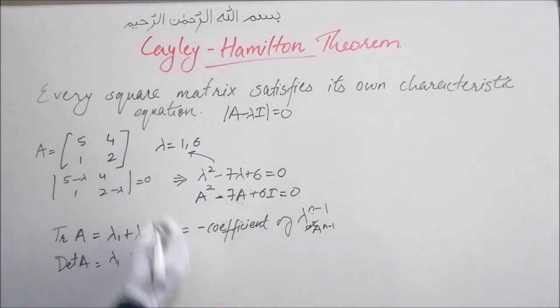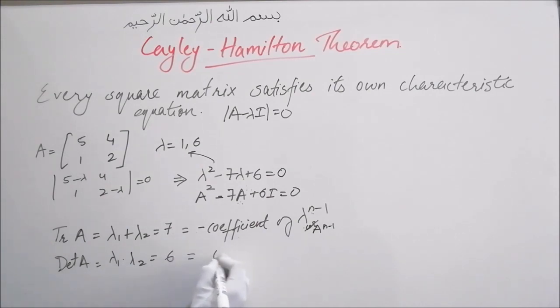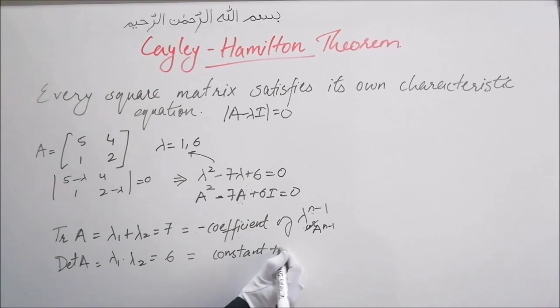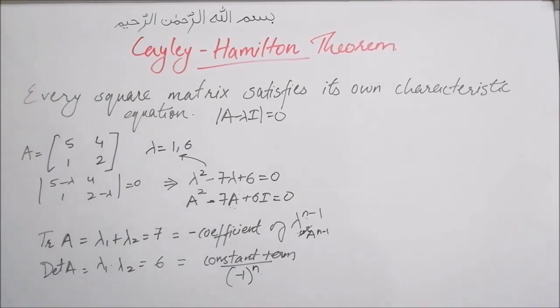So this is 6 into 1, that is 6. This can be written as the constant term divided by minus 1 raised to n, where n is the order of the matrix. Thus this Cayley-Hamilton theorem can be used to get the trace and determinant easily.